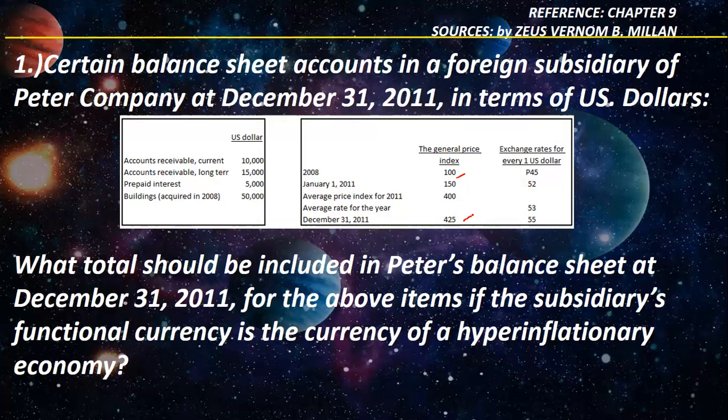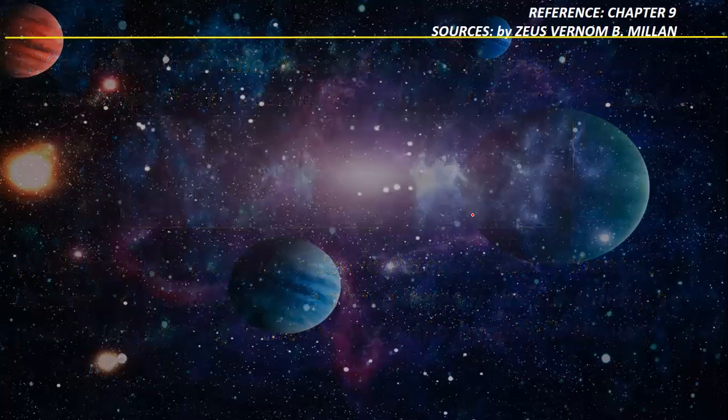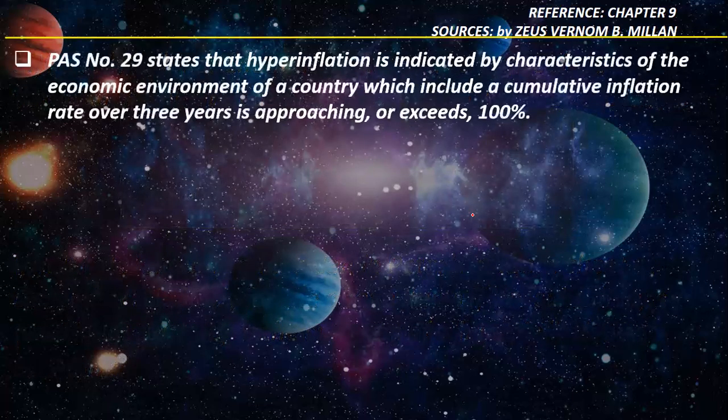So the question: how much should be included in the debtor's balance sheet? Here's the computation. PAS 29 states that hyperinflation is indicated by characteristics of the economic environment of a country which include a cumulative inflation rate over 3 years that is approaching or exceeds 100%.